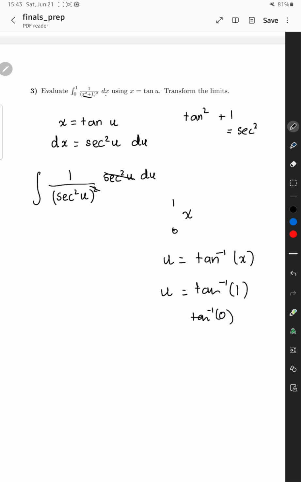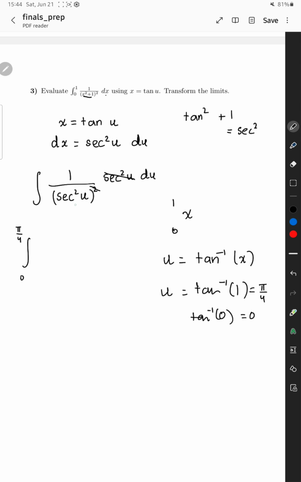We know tan inverse of 0 can be 0. That's one solution to tan inverse of 0. And what about tan inverse of 1? Tan is 1 at 45 degrees, or pi by 4. So these are the limits, and the limits change to 0 to pi by 4.